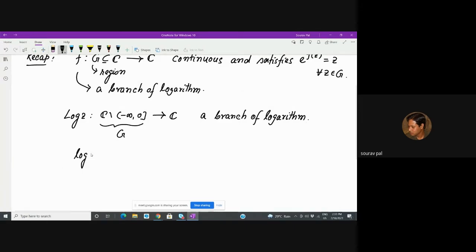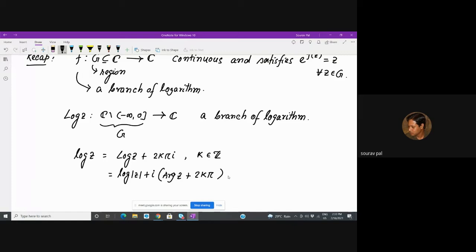We have seen that this is precisely log z plus 2k pi i, where k is an integer, which is precisely, we know, the real logarithm plus principal argument plus 2k pi.